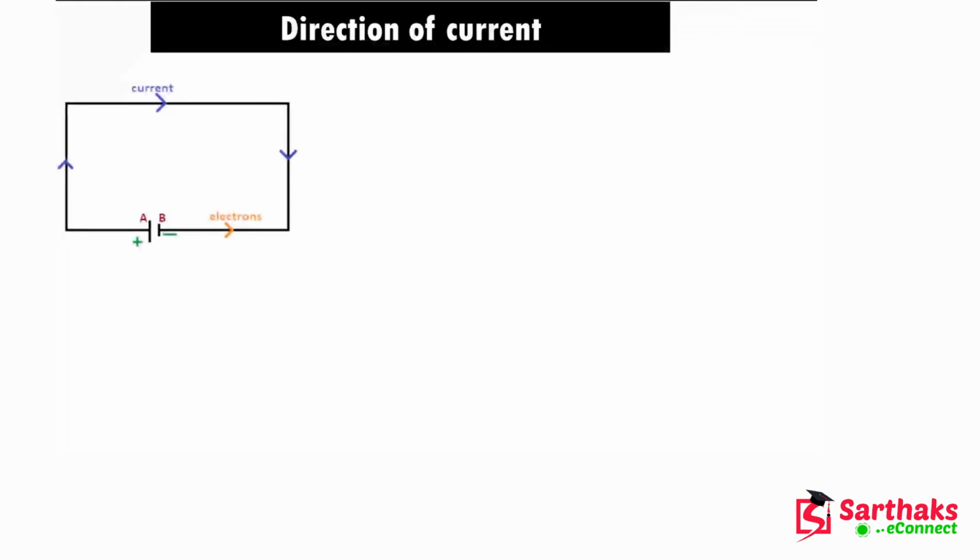So direction of current. The direction of the current, I told you, is always taken in the direction of the proton, or the opposite direction of electron.